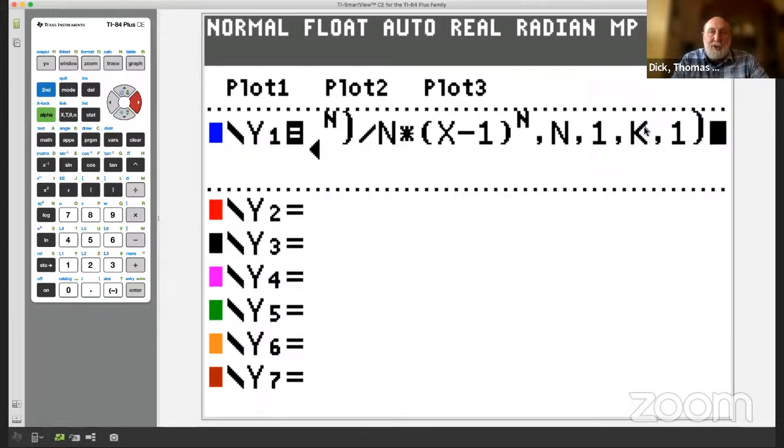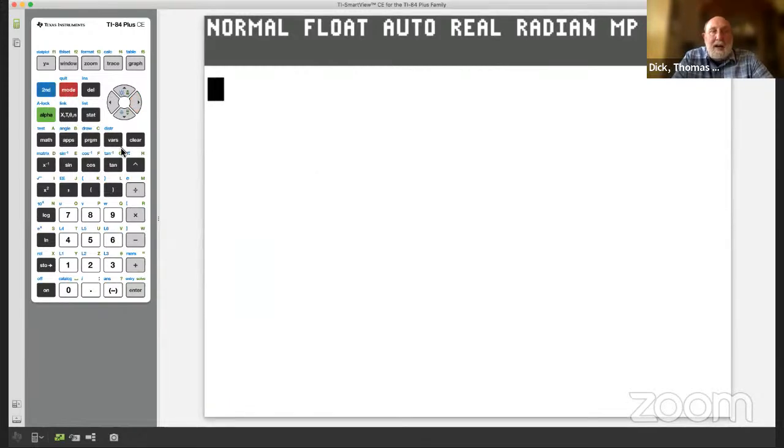What we'll do is we can store a value for k and then look at the graphs. Now here's what's really cool about this. Let me show you something here now. So I'm going to quit the y equals menu, and I'm actually going to store 3 into k.